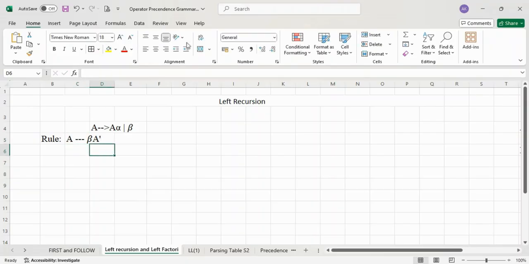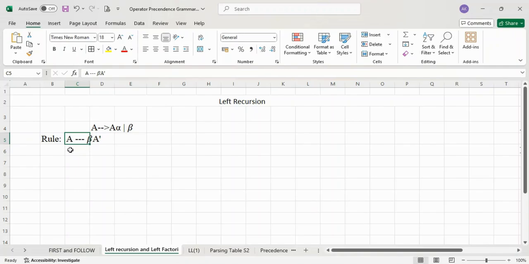Now, what is beta? Beta are those productions where the left recursion is not visible. As I said, left recursion is because of this particular production over here, and this production doesn't show any left recursion. So the first rule is write the variable where the left recursion is. For that variable, you write the production as beta A dash, and beta is any other production where there is no left recursion.